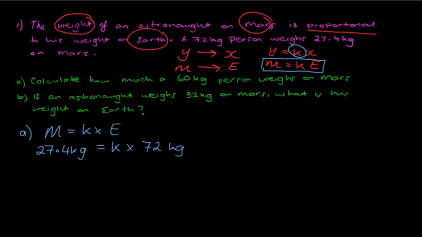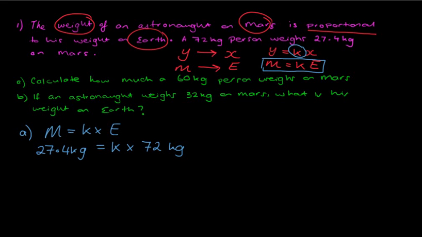Now if you're in the habit of using your equations mode on your graphics calculator, go for it. It's easy to type that in: 27.4 equals x times 72, and that will give you your value for k.